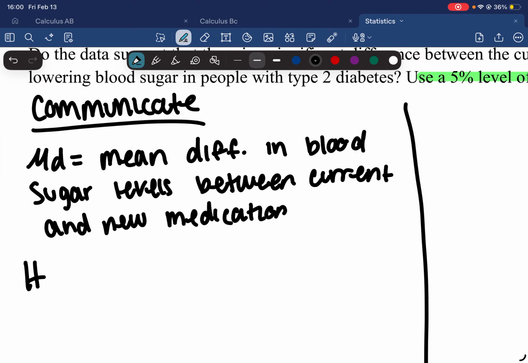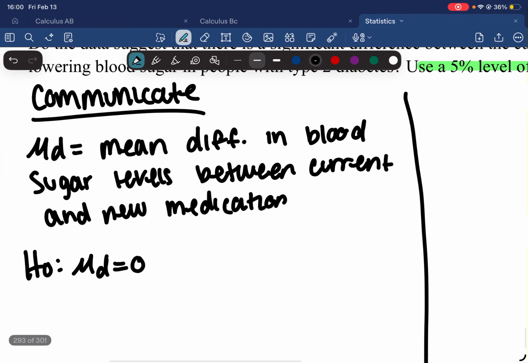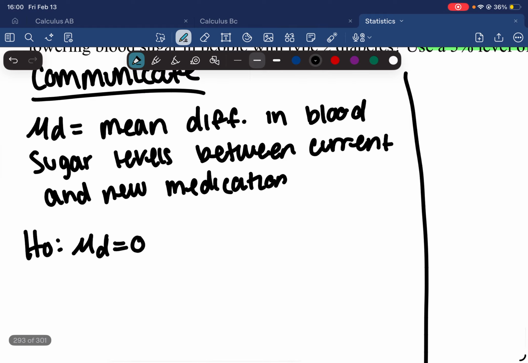Then I establish my hypotheses, so mu of D is equal to 0. And then if we're trying to find a difference between the current medication and the new medication, researchers want to determine if a new type of medication will help lower the glucose production, okay?